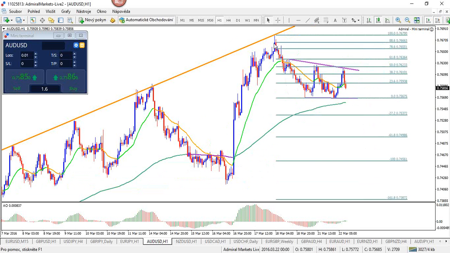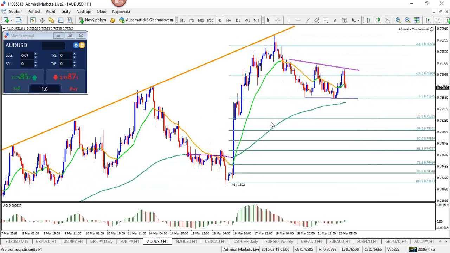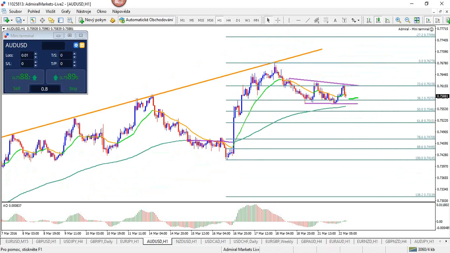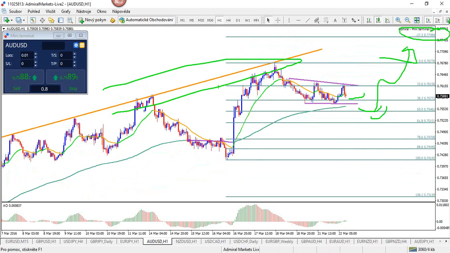And if I put a fib from here to here, you see that there's a fib here too, 61.8. Got to be careful with the 50 fib too though. And if it does bounce off one of these fibs, there's still a chance to go up to this target.